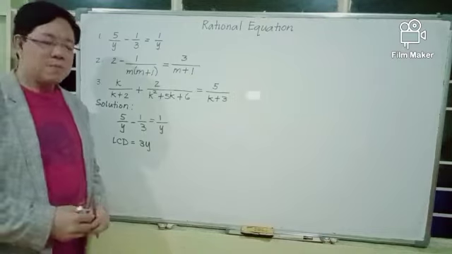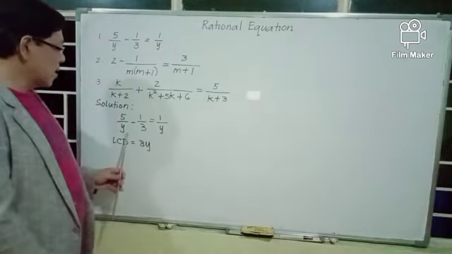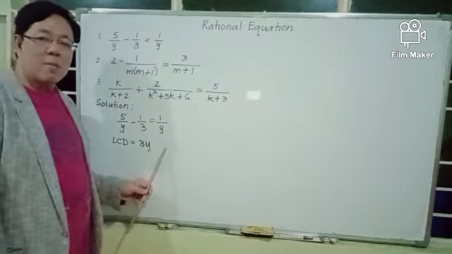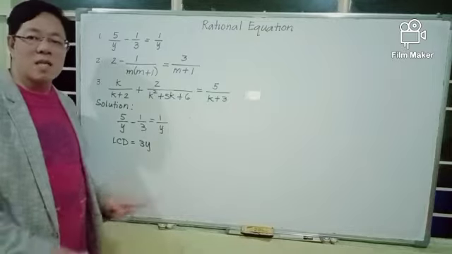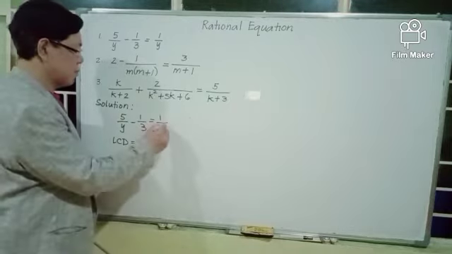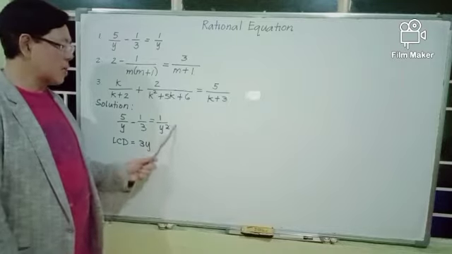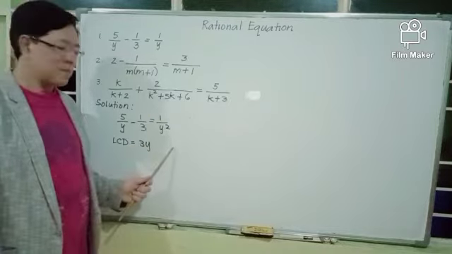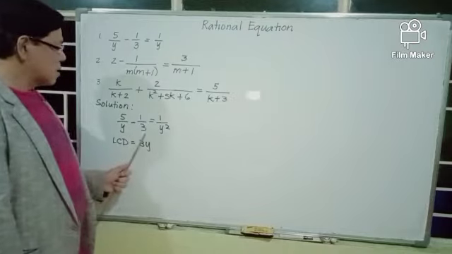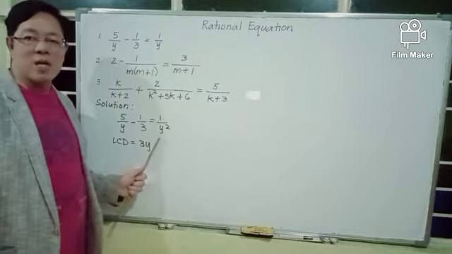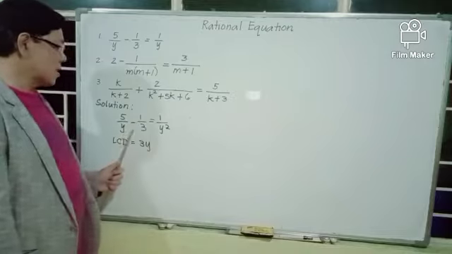For example, you see the variable y in the denominators, but one of the y has an exponent of 2. Just supposing that the denominator at the right hand side is y squared. Now you can see that still there is only one variable y that you see in the denominator.